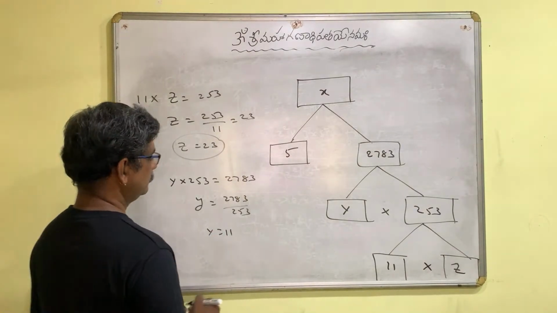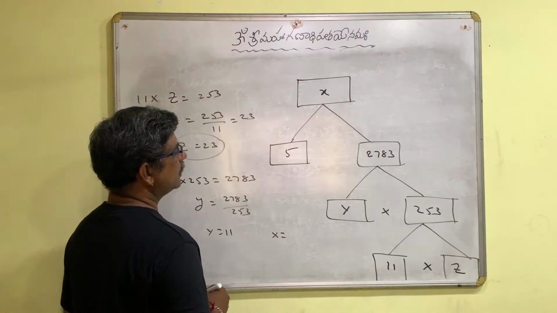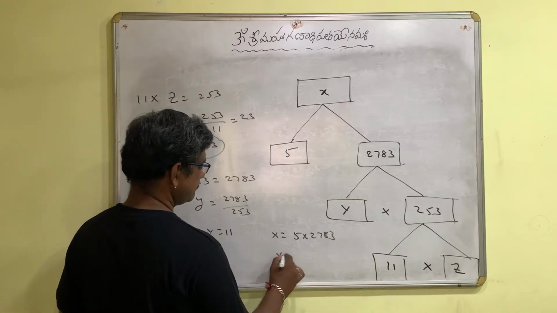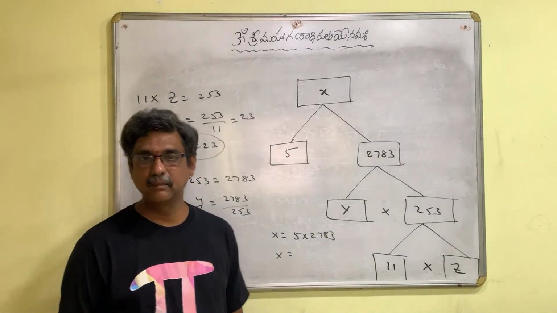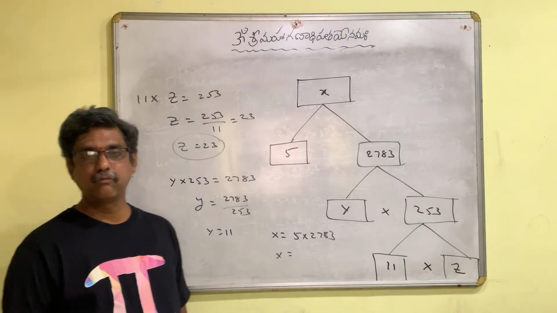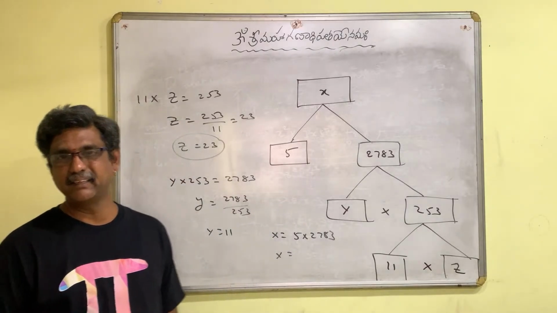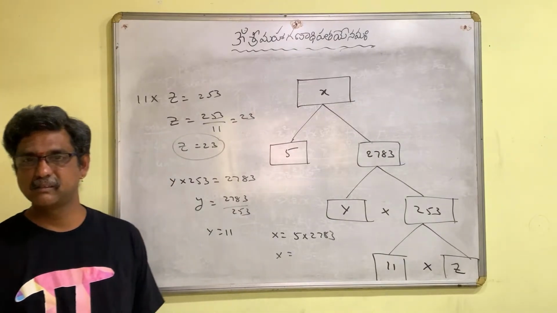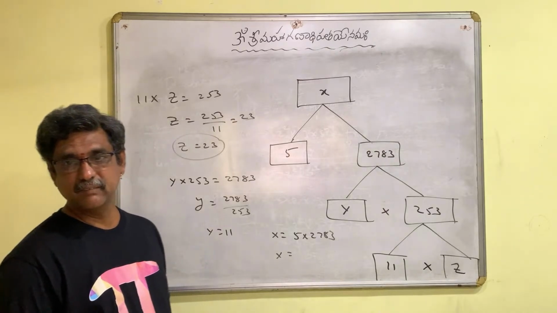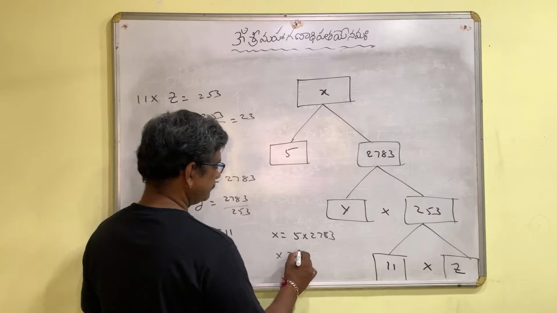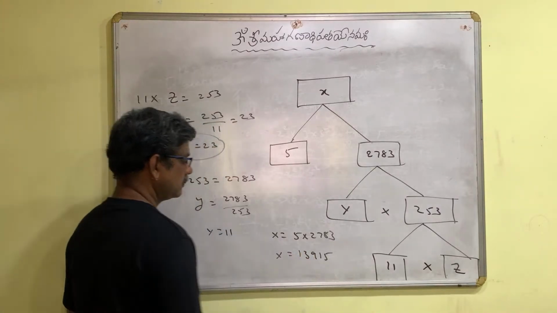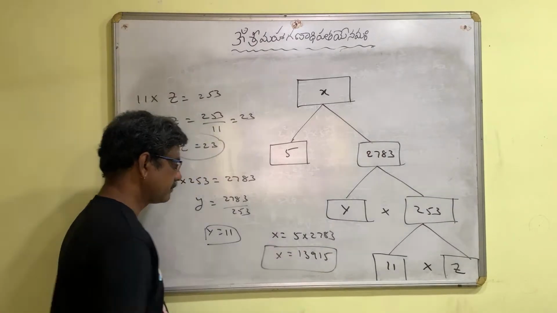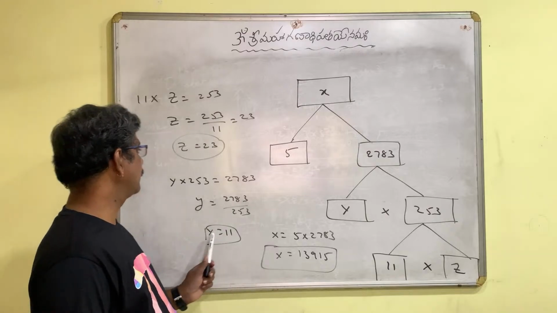Now X value. X is equal to 5 into 2783. How much? So X value is 13915. X value, Y value, Z value.